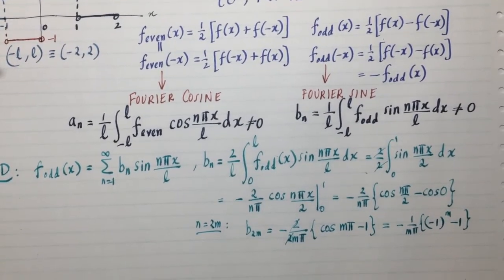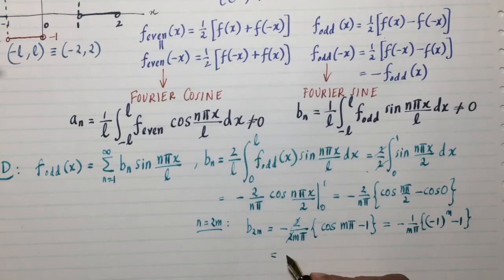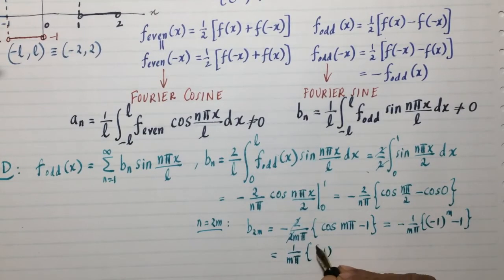What I will now do is to take the negative sign inside, so I get 1 over m pi negative 1 to the power m plus 1 plus 1.